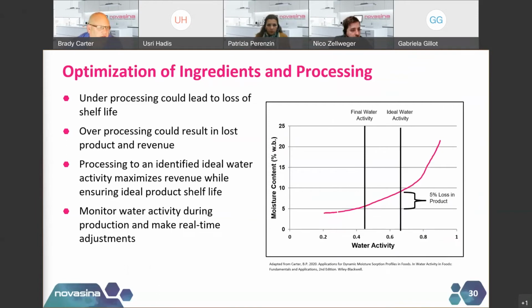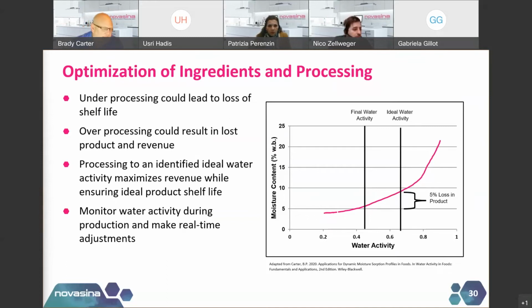So in terms of water activity, for every type of product, what you're essentially looking for is an ideal water activity for that particular product, and that will be different for every type of product. The reason why it would be ideal is that it maximizes the shelf life and the quality and stability while keeping the efficacy of the product, whatever that may be. And so you're balancing keeping it lasting a long time with making sure that it still remains viable.